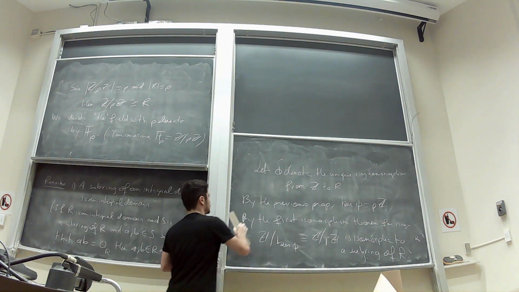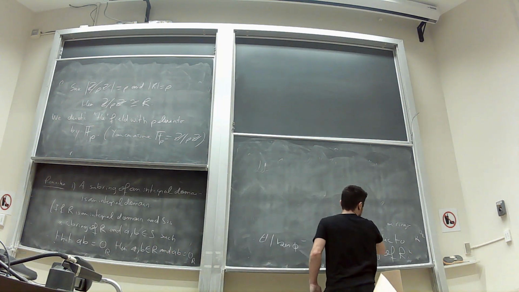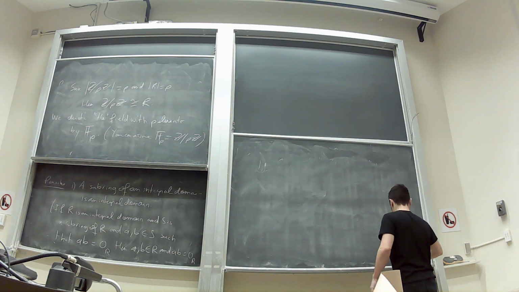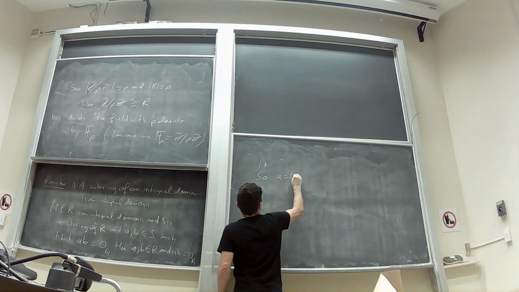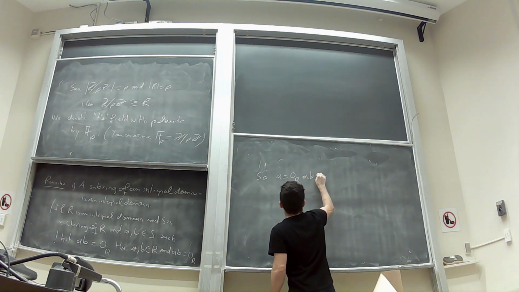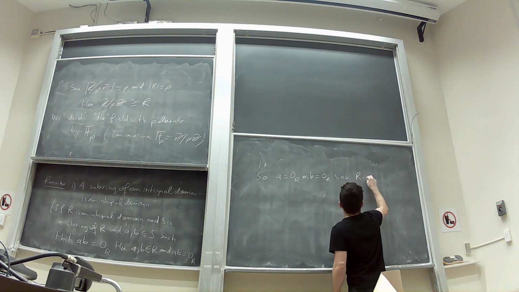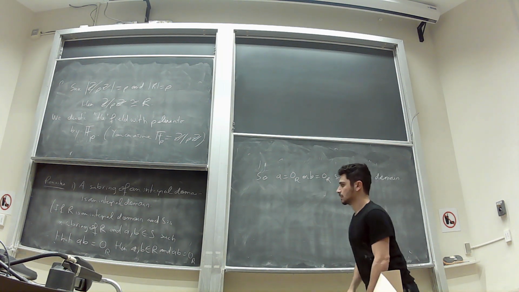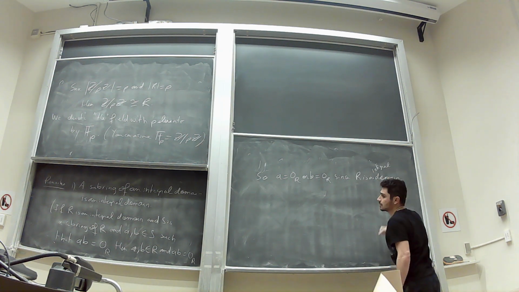So, A is equal to 0 or B is equal to 0, since R is an integral domain.